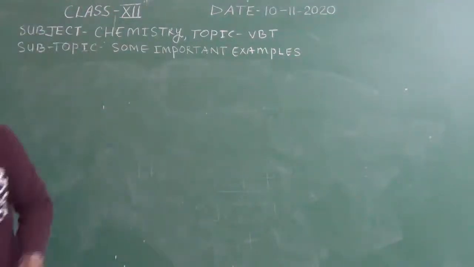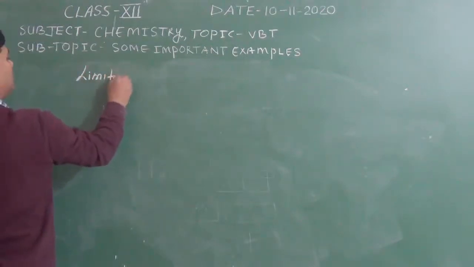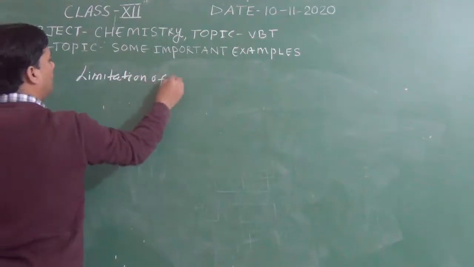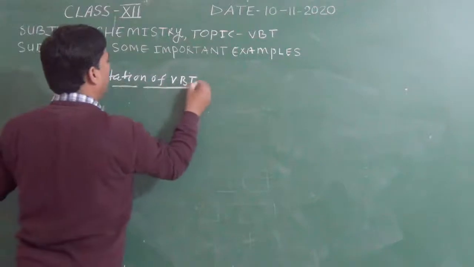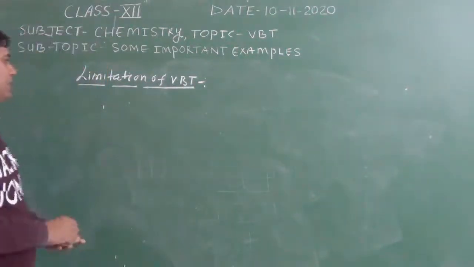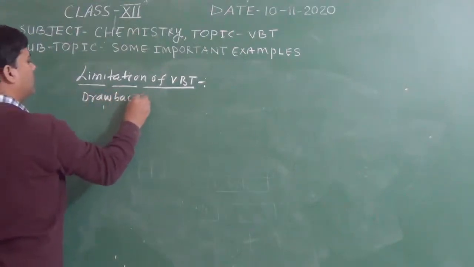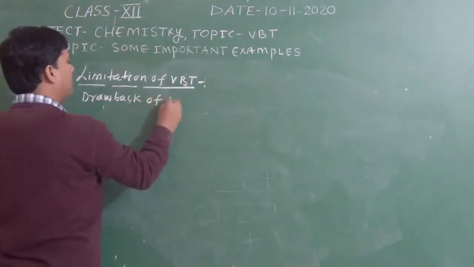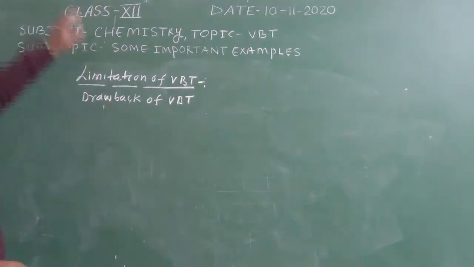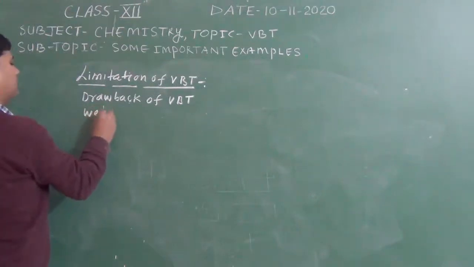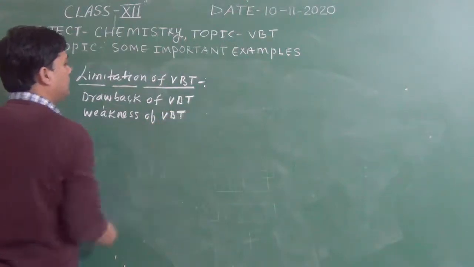Okay, next point is what are the limitations of VBT, valence bond theory. It is very important. What are the limitations, or what are the drawbacks, or what are the weaknesses of valence bond theory?